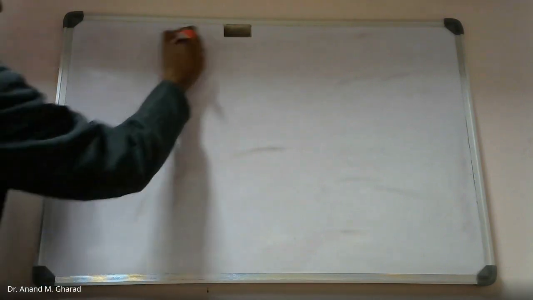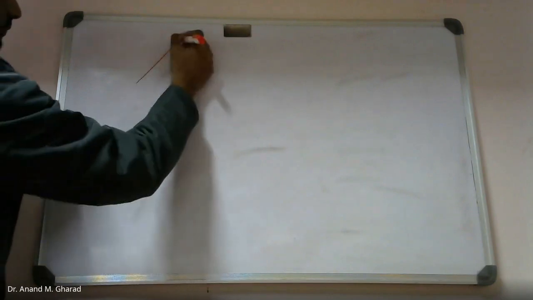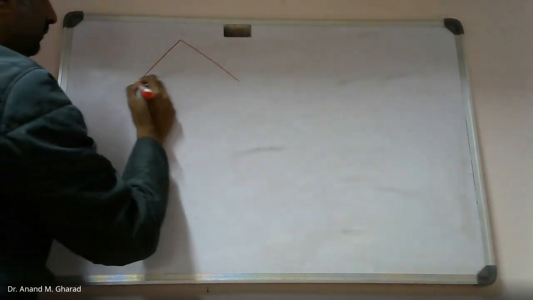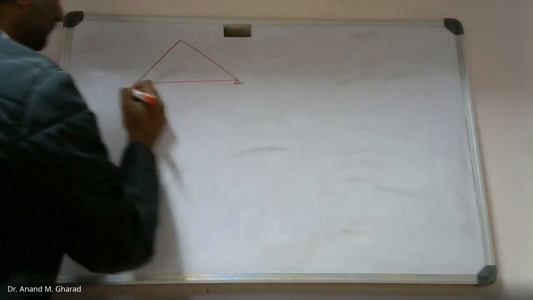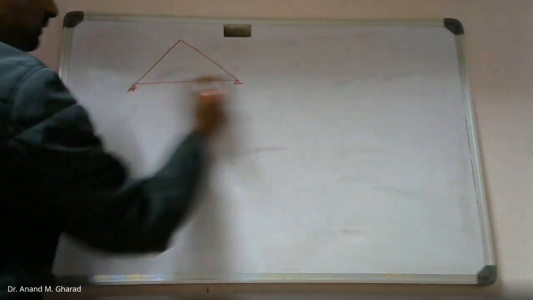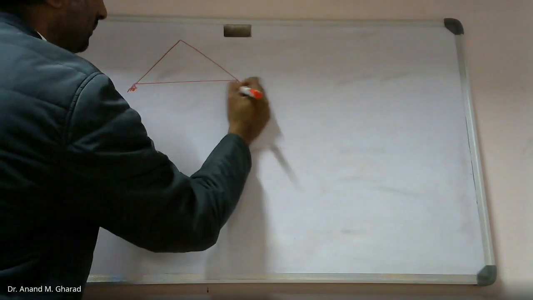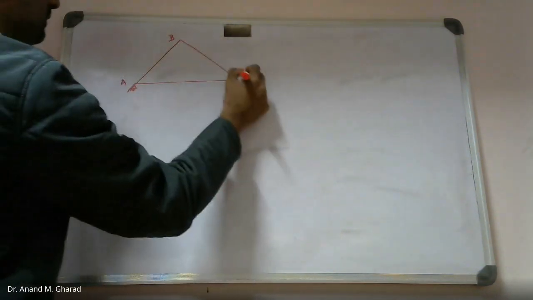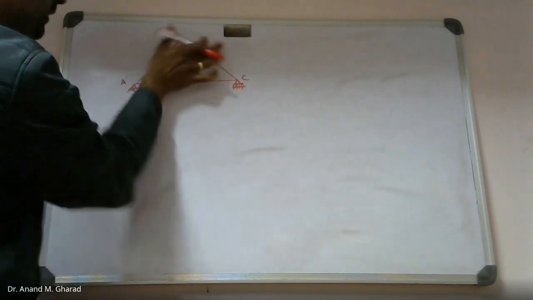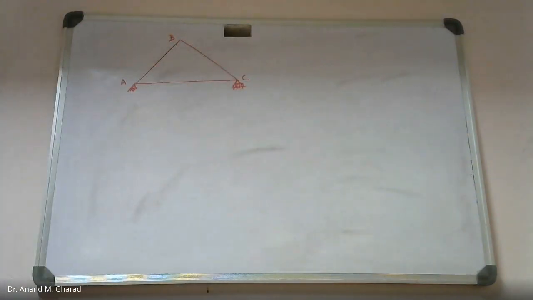Now, for this simple truss, you will find that there are three members: A, B, C. That is members AB, BC, and AC. These are the three members.